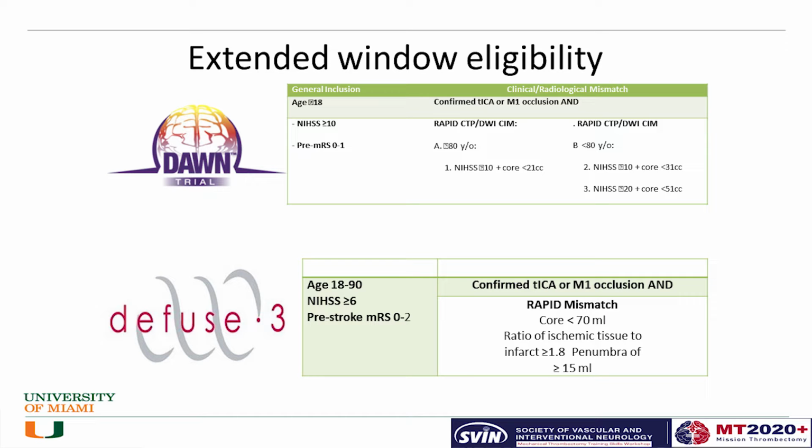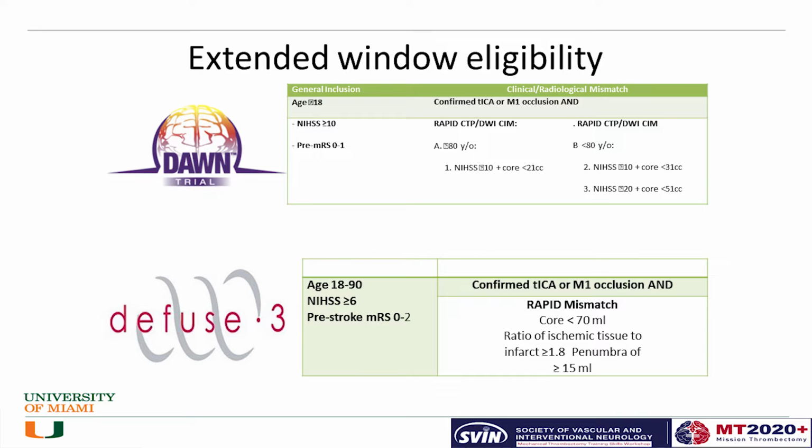So the extended window, they had to have severe strokes, NIH stroke scale greater than 10, and a good pre-stroke level of functioning. Then they demonstrated that there was a causative lesion, either an internal carotid artery, terminal ICA that was occluded, or the middle cerebral artery was occluded.